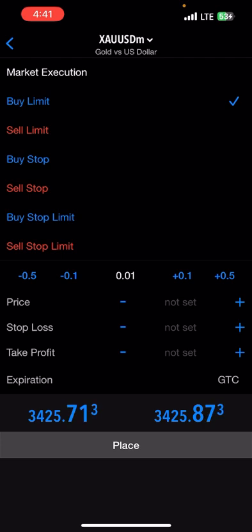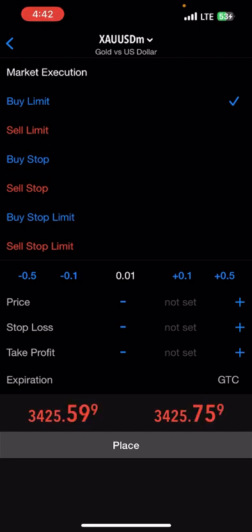So for buy limits, it basically means that the market is selling presently, but because the market is selling, there's a particular price you believe that once the market sells to that price, it will begin to buy. So you set a buy limit there, that okay, once this market gets to that price, it should automatically take me into this trade for a buy because it has been selling since, so I believe that it's going to buy. That is literally what a buy limit is.